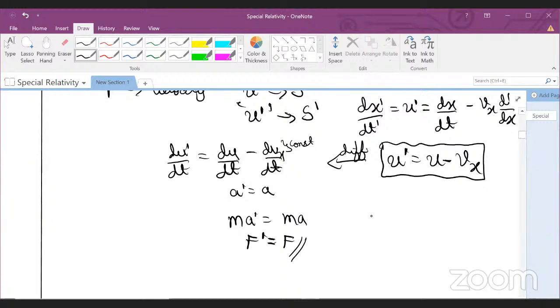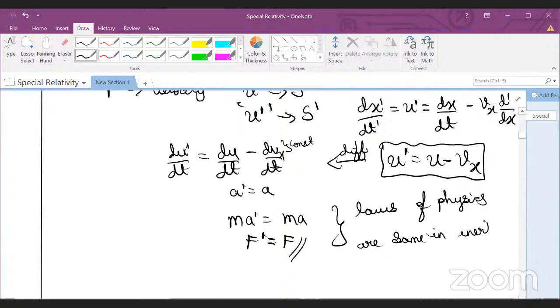So because of this, we can tell the laws of physics are the same in inertial frames. So inertial frames are those frames where the acceleration of the frame is 0, or the frame moves with a constant velocity v.